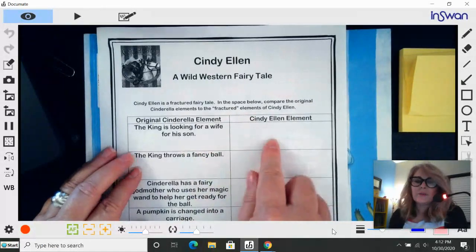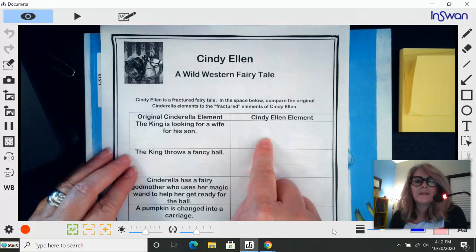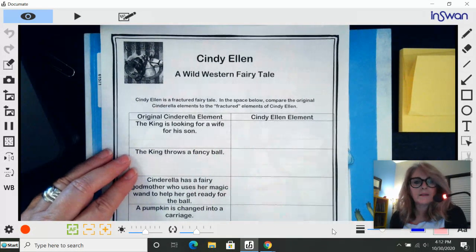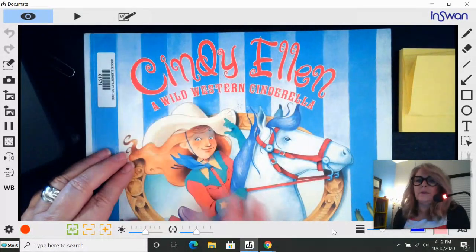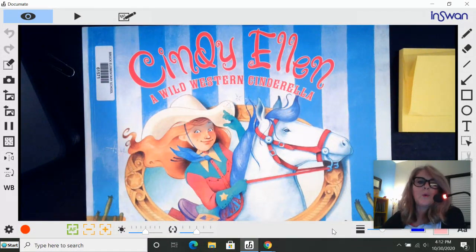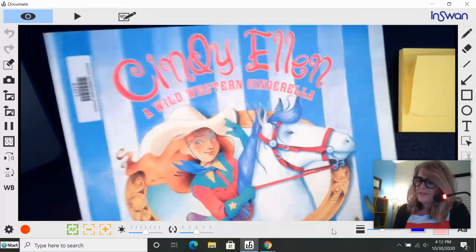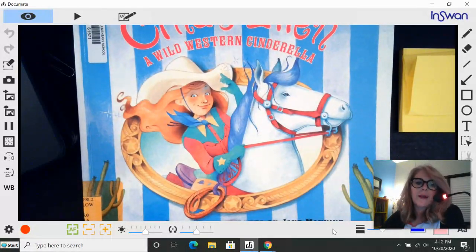As we read this story today, I want you to be thinking about the elements in the new story, the Cinder Ellen story. Okay, so if you look at the title here, you see that it's called Cinder Ellen, a Wild Western Cinderella. So right away, in looking at this Cinder Ellen, you can probably tell some things about her. First of all, she's riding a horse.